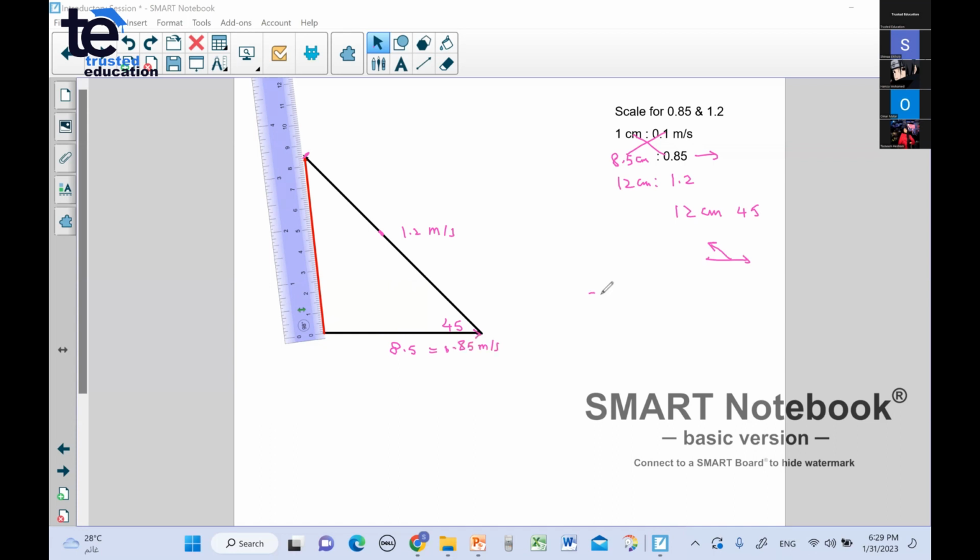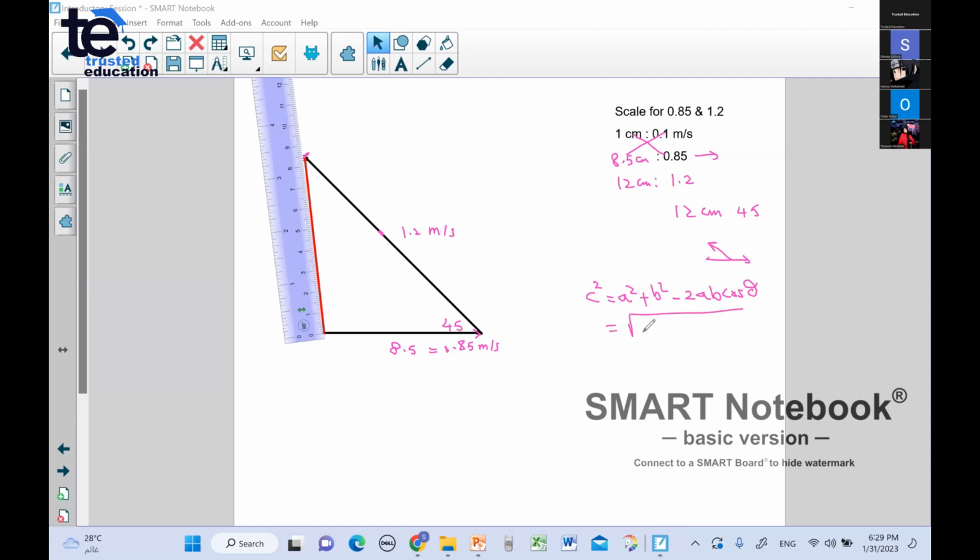It's like c squared equals a squared plus b squared minus 2ab cosine the angle between them. So c will be the radical of all of this.